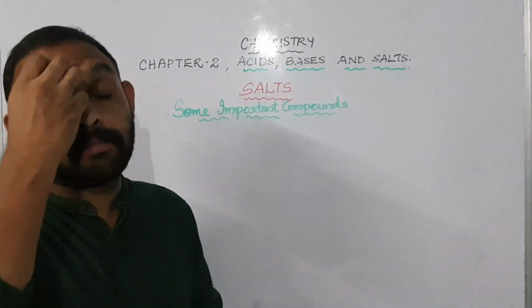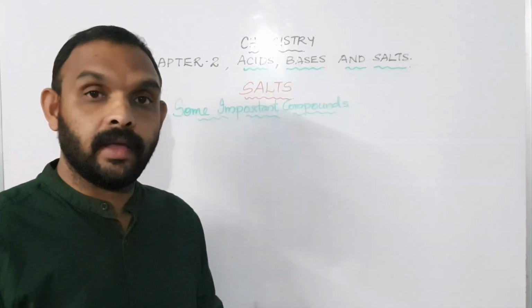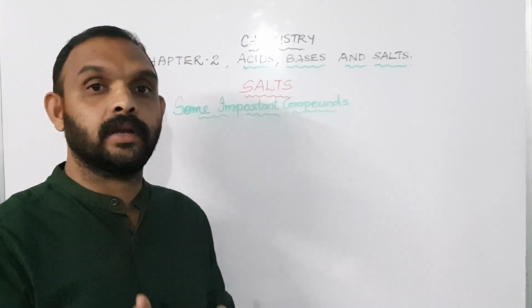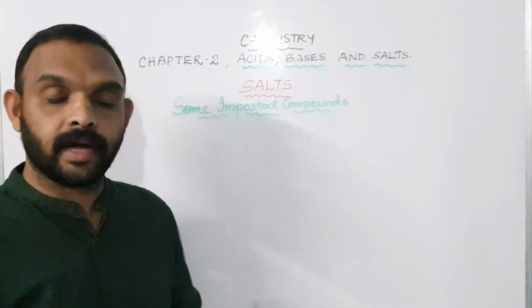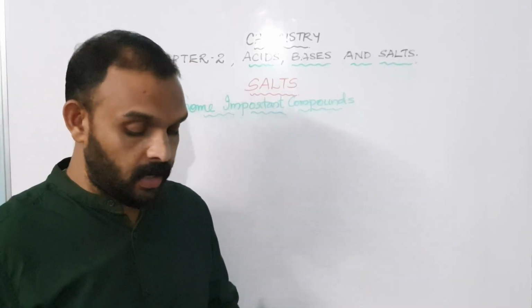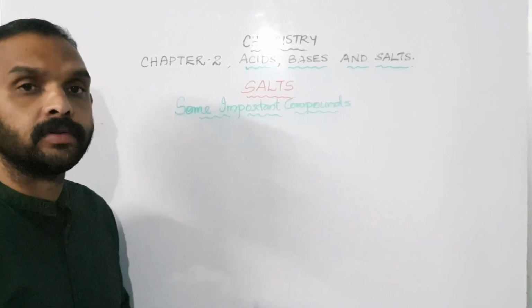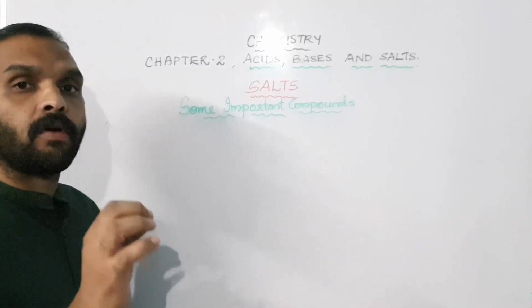It is very important for our board examination. Any one of the salts' preparation, properties or uses can be asked in the examination. Clear? Now, before going to these important compounds, you should know the raw material.